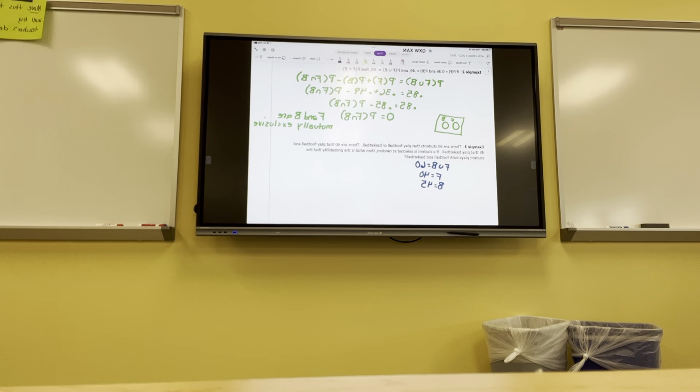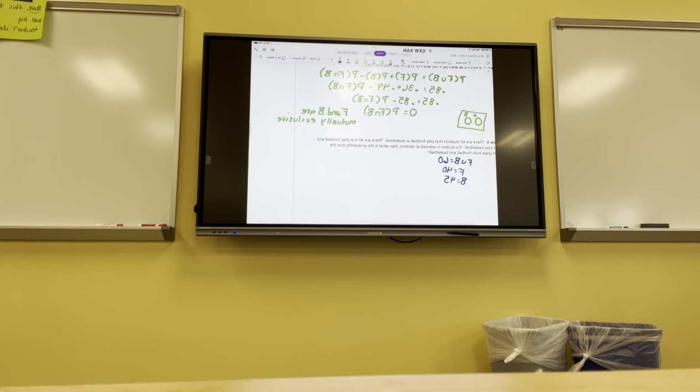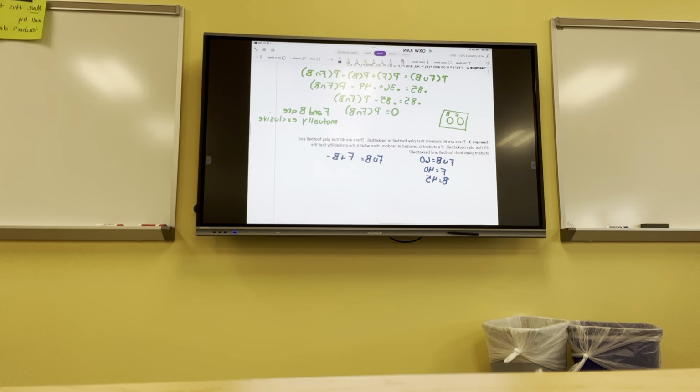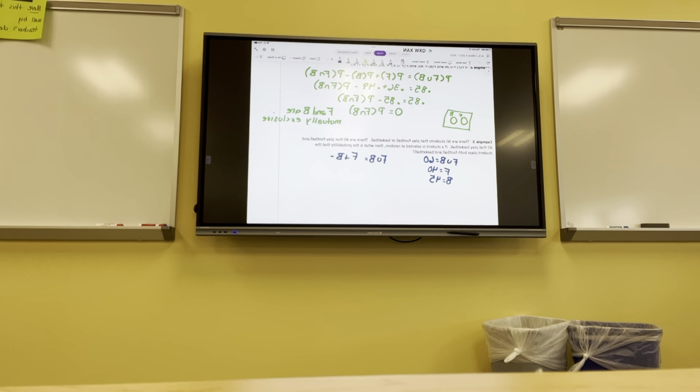So we're gonna use the same thing we just used above. F union B equals F plus B minus, we wanna know the probability that they play both. So we're looking for the intersection.